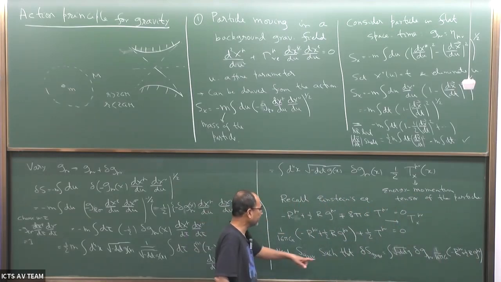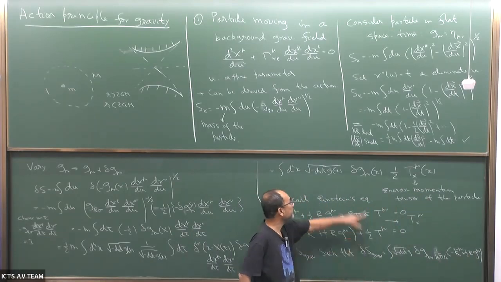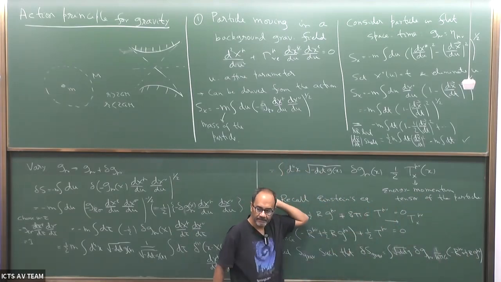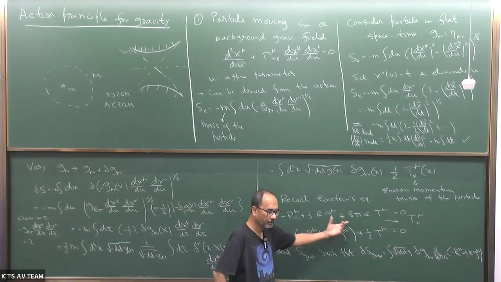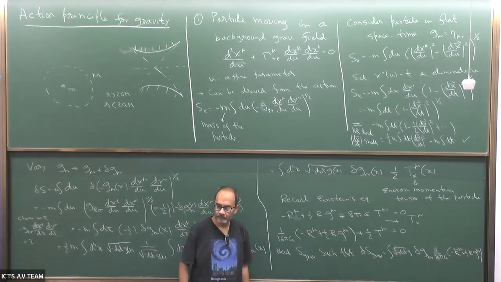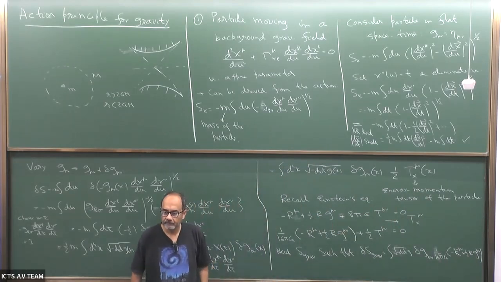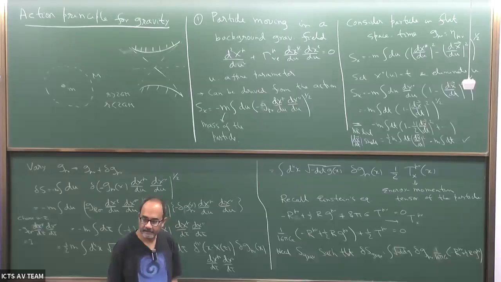Right, because then delta S gravitational plus delta Sx. Okay, if you add and demand that the coefficient of delta g mu nu is 0, then you would get the Einstein's equation.